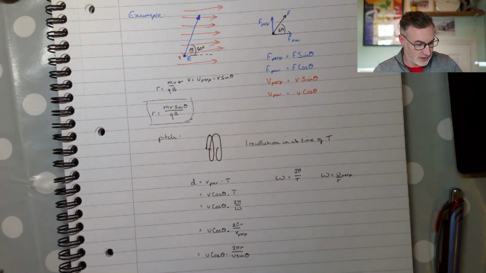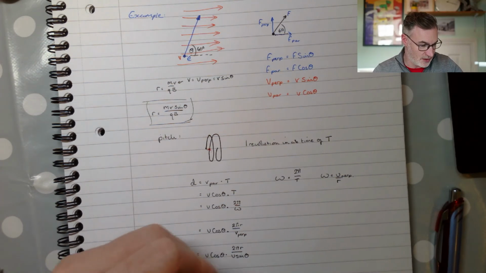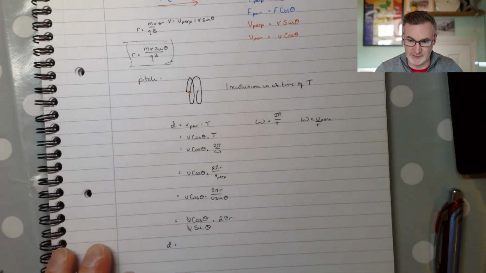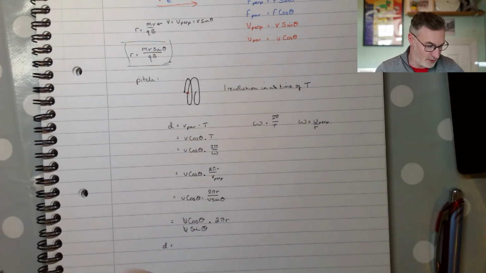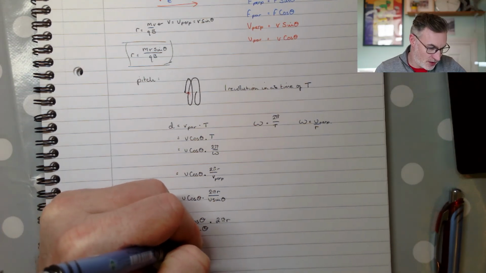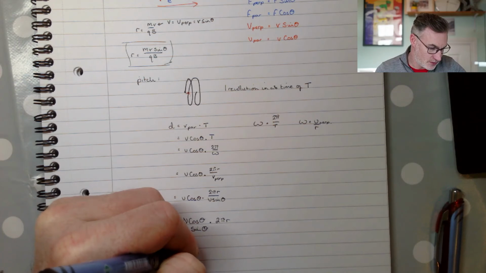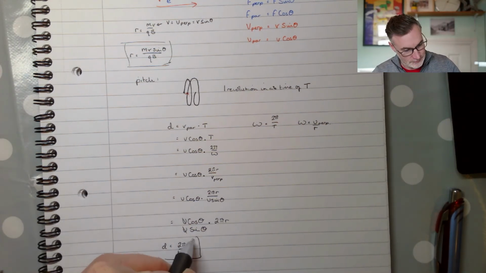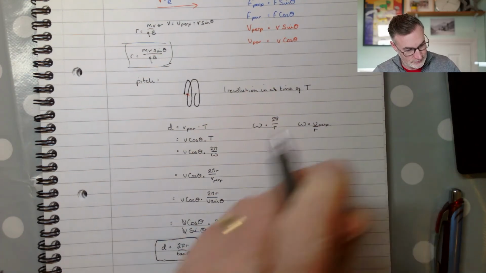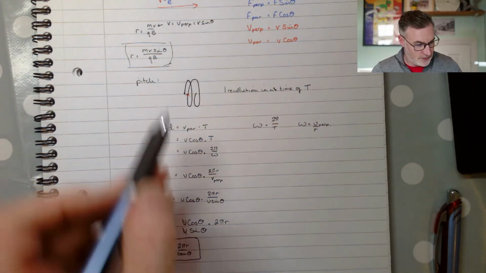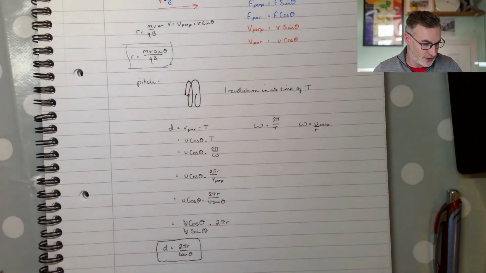The v's will cancel each other out, this will turn into 1 over tan theta, and eventually the pitch is 2 pi r over tan theta. So knowing the radius of the curvature, we will be able to work out the pitch as well.